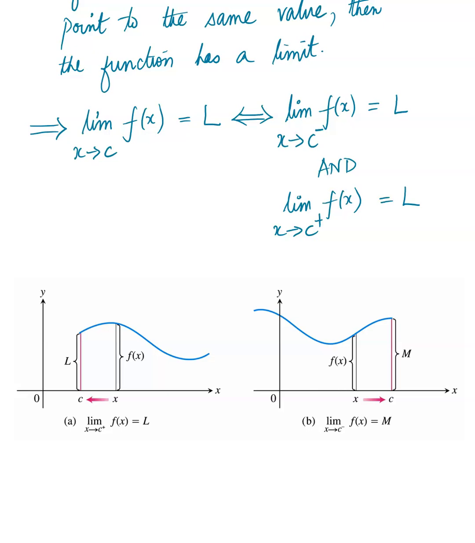Now, the one-sided limit can be illustrated in these two graphs. If you look at the first one, it is the limit of f of x as x approaches c from the right is equal to L, right? So we are looking at c and we're approaching from the right. You see the arrow getting towards c from the right. And this L here would mean this height, L, right?